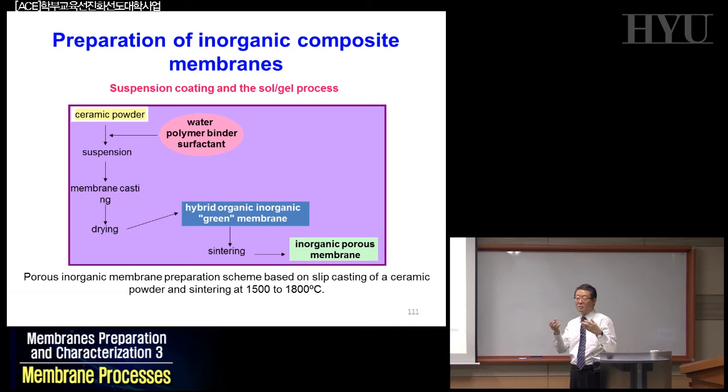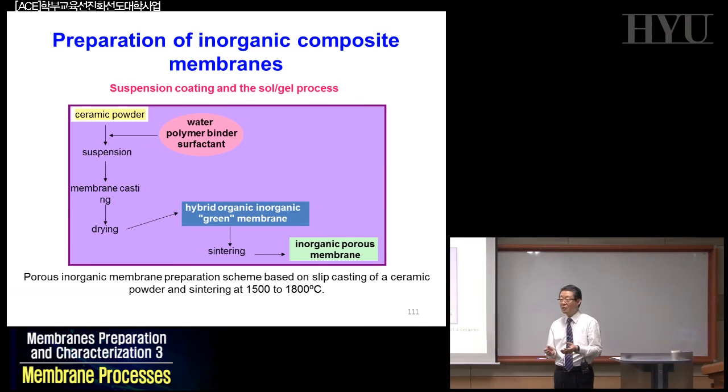You do not call this a membrane, but it's intermediate between the membrane and your suspension. Okay? So first you make a handleable green stuff by removing the water in some cases, and then sinter it. Think about making porcelain, okay?